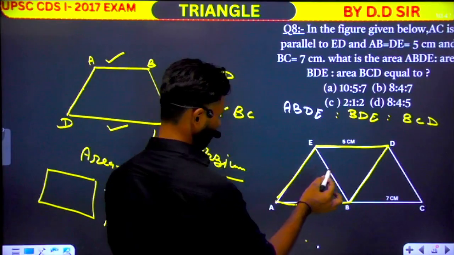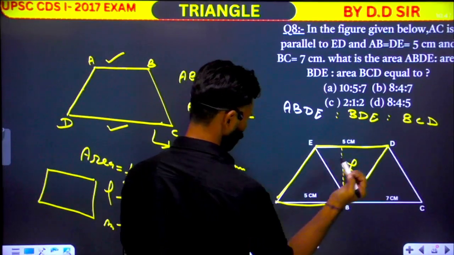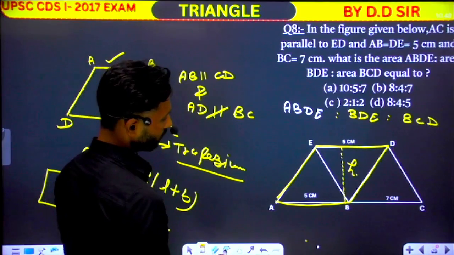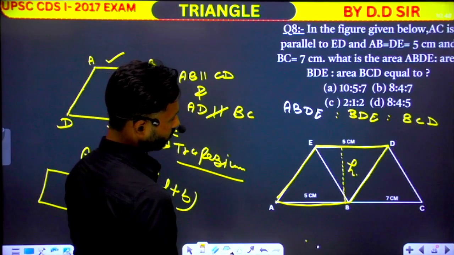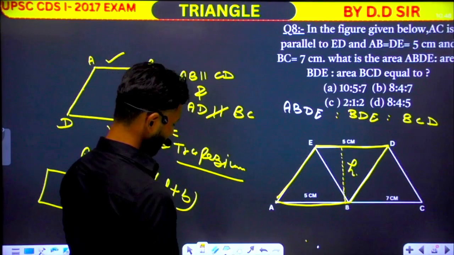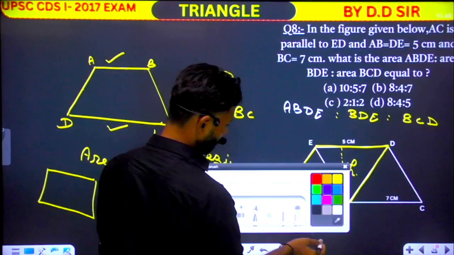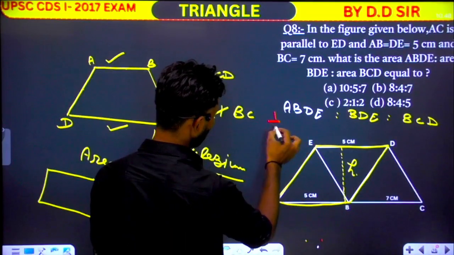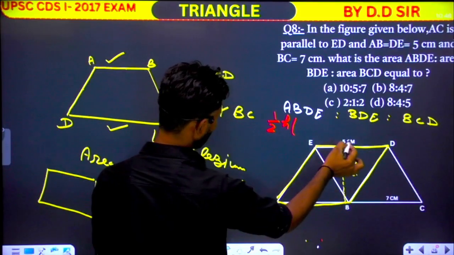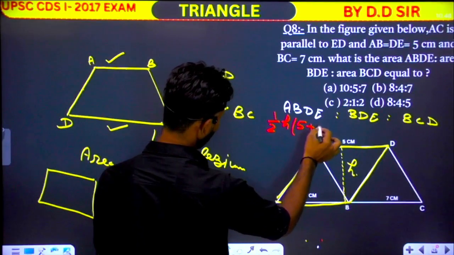Let's take the height as h. And I have told you that the area will be equal to 1 by 2 h (l plus b). This is the formula. So the area of this trapezium will be 1 by 2 h (l plus b). This is l and this is b, and the lengths of l and b are both equal, so I can say 5 plus 5.